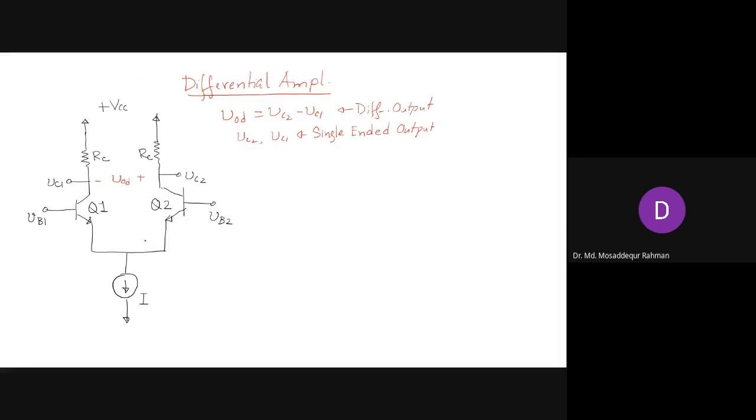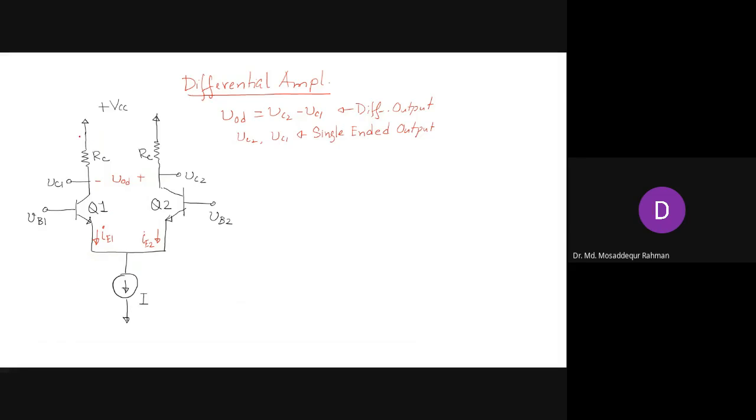And then we have the current source. These two transistors are biased by the current source. This current will split between Q1 and Q2 and provide the bias current. So let's denote the current flowing here as emitter current IE1, and the current flowing here as emitter current IE2, right?